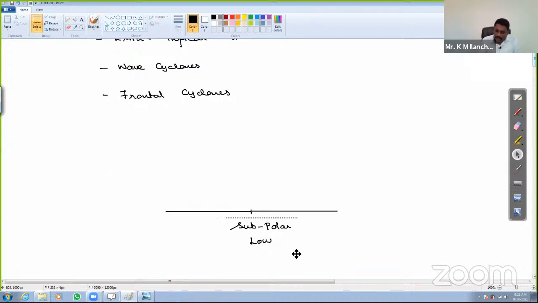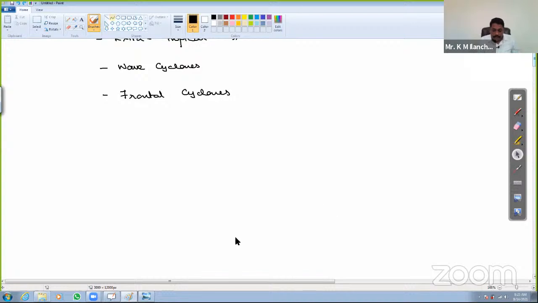Okay. Now, say for example, from this subpolar low, from two different places, I'm just making it bigger so we'll understand. Somewhere around 60-degree, what you have is subpolar low. You have something called a subpolar low.